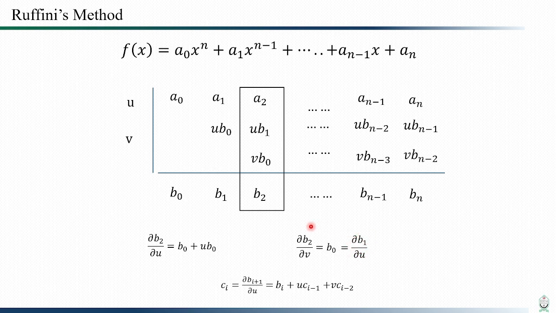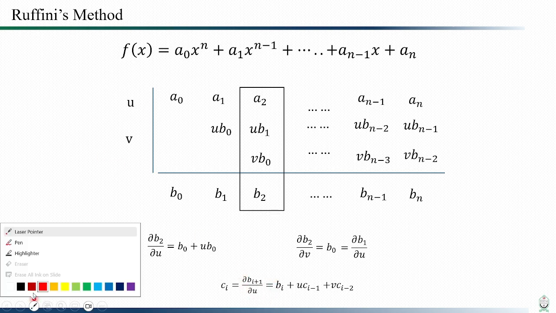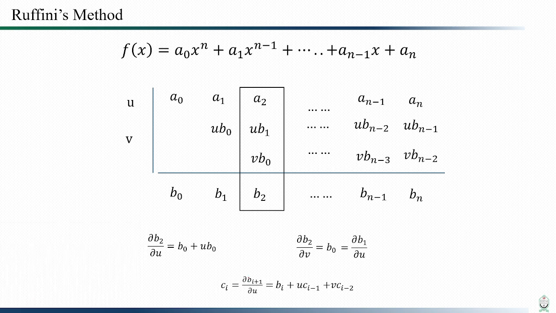So we can generalize this change in b with respect to u in this way. If any change occurs with respect to u, this has this pattern, and we can denote this thing as a new quantity, which is C.